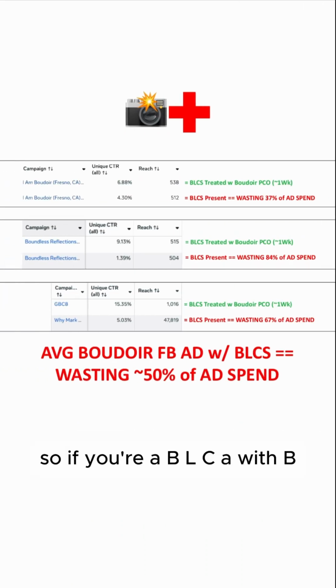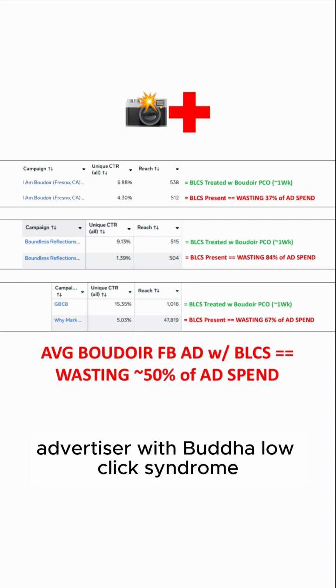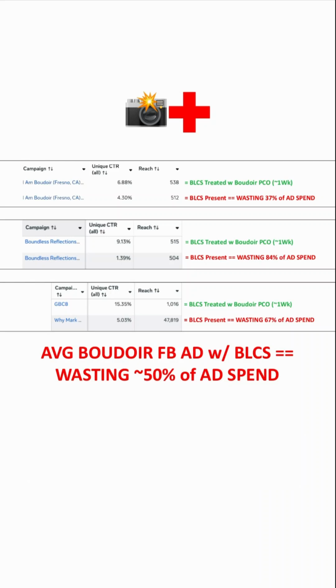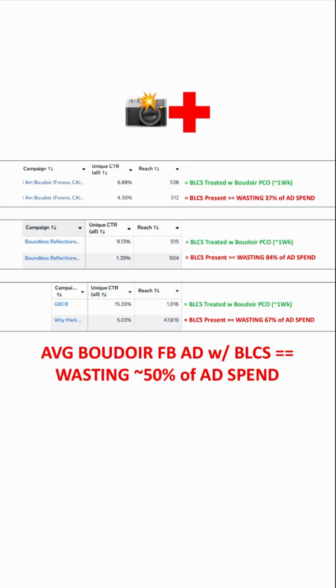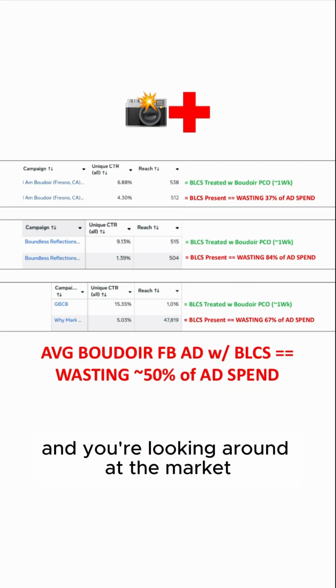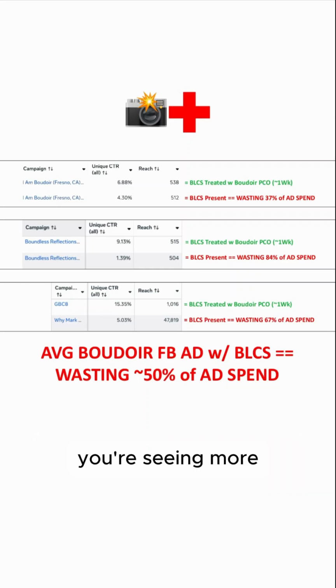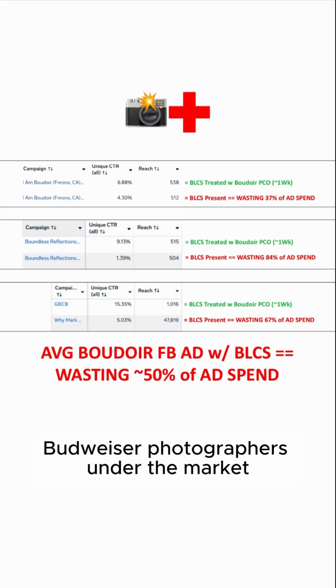So if you're a BLCA with BLCS, a Boudoir low-click advertiser with Boudoir low-click syndrome, and you're spending more than 10 grand a month on Boudoir Facebook ads, and you're looking around at the market, you're seeing more Boudoir photographers enter the market every single day.